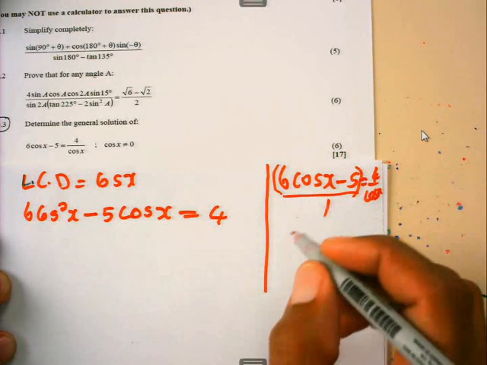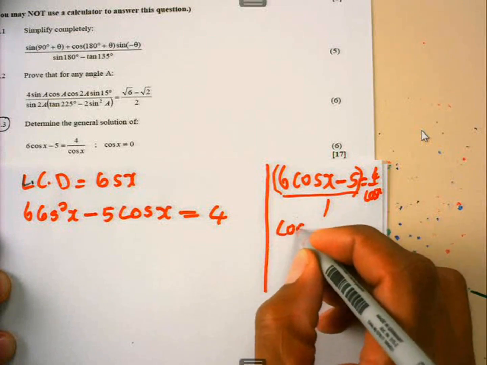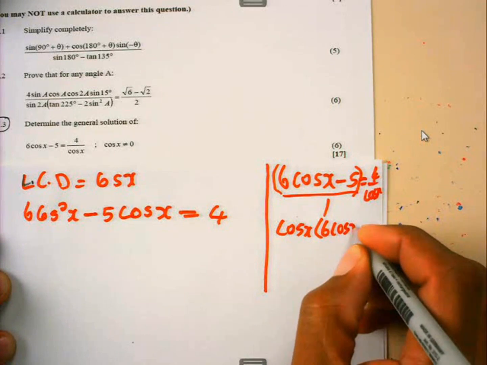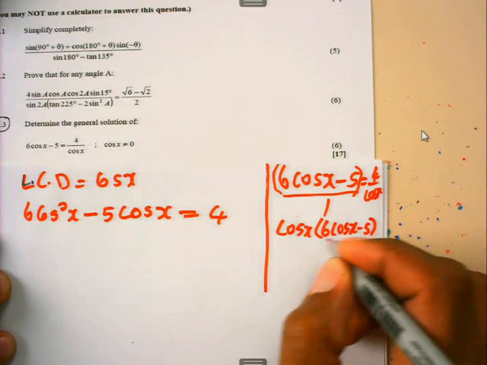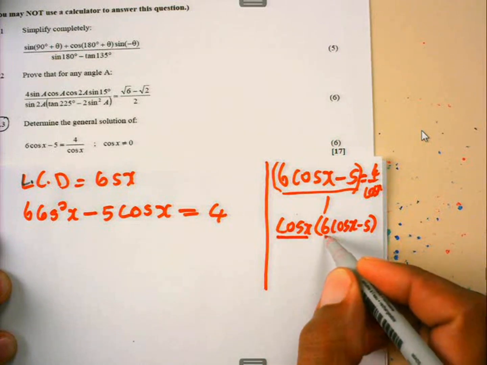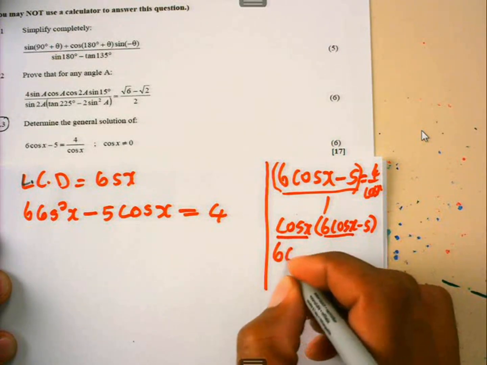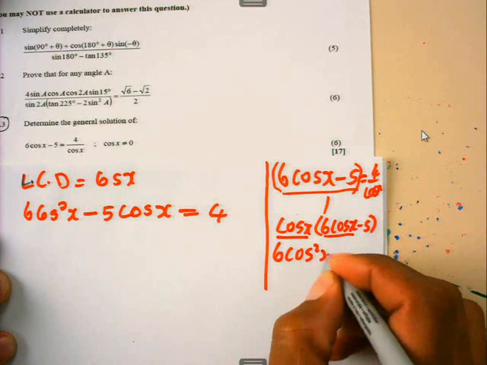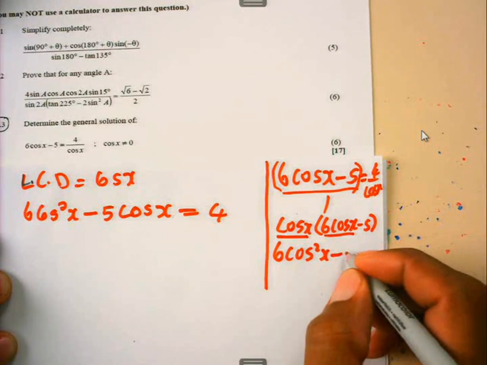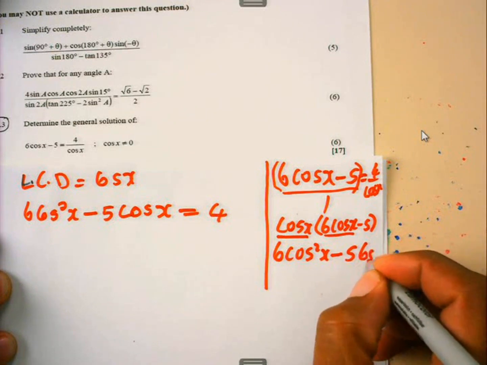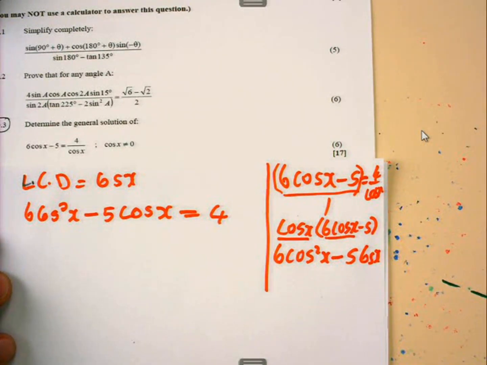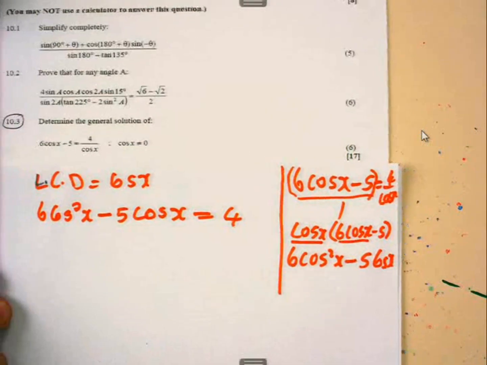That's when you can say, I take cos x and multiply by 6 cos x minus 5. So cos x multiplied by 6 cos x gives 6 cos squared x, and cos x multiplied by minus 5 gives minus 5 cos x. It's very, very important. Make sure that you multiply each and every term here by cos x.